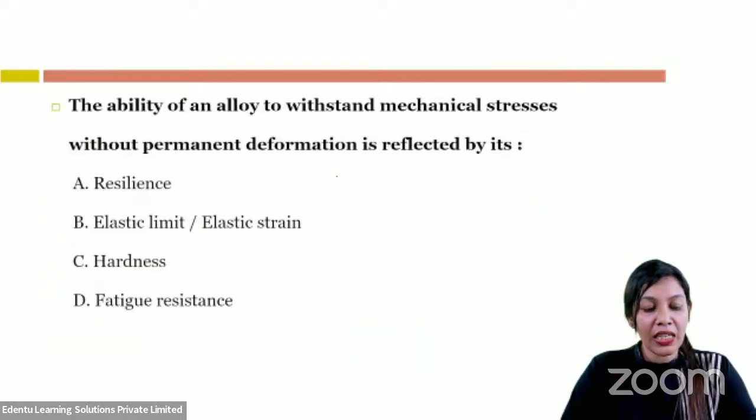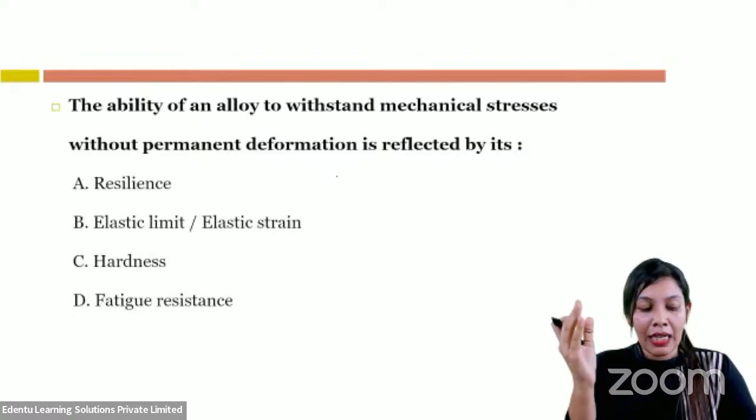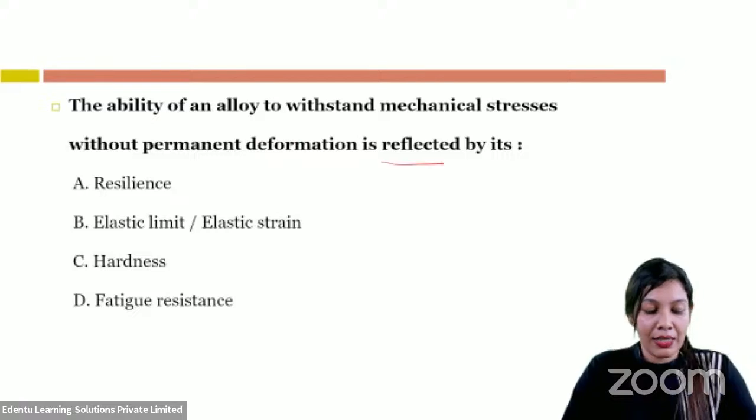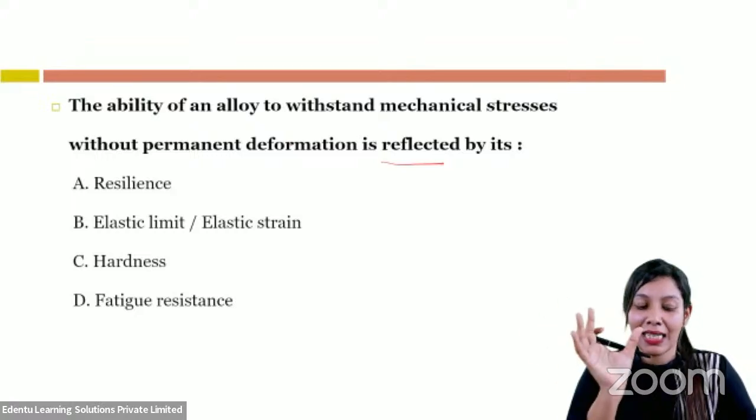Next important question. The ability of an alloy to withstand mechanical stresses without permanent deformation. Again, the question is without permanent deformation. So something is reflected by its... What is the answer? It is elastic limit. Both proportional limit and elastic limit come within the elastic area, right?